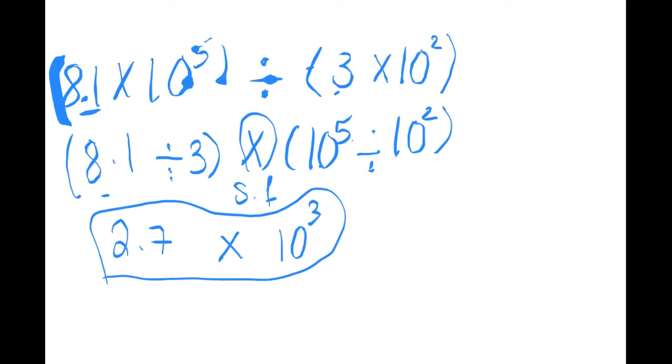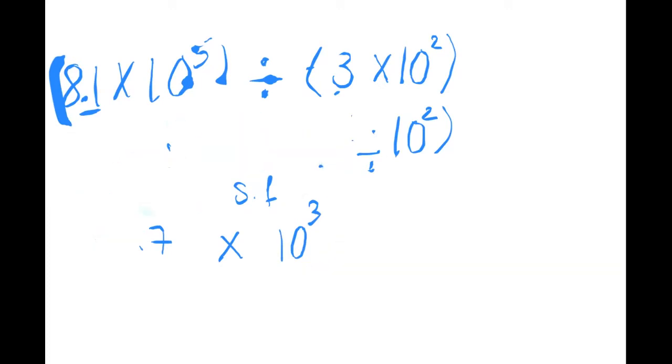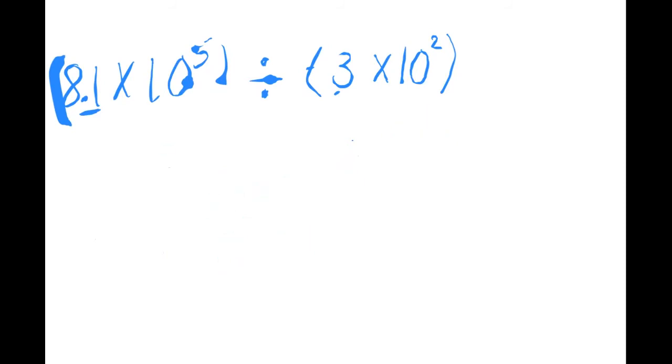It's not wrong. Also, we can use the same way in multiplication. So we can write the number in expanded form, then write the other number in expanded form, and then divide them. So 81 times 10 power of 5 is 810000 divided by 300. Then we get the answer on the calculator, then write it in standard form again.